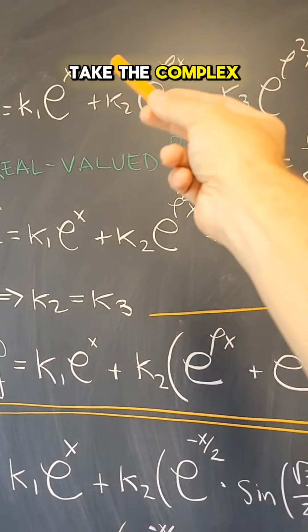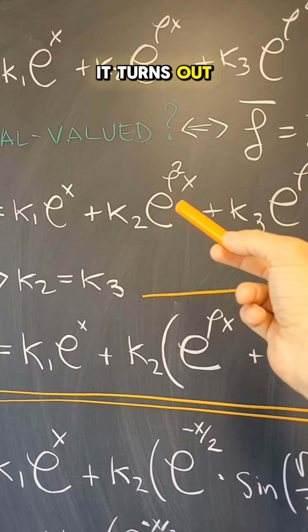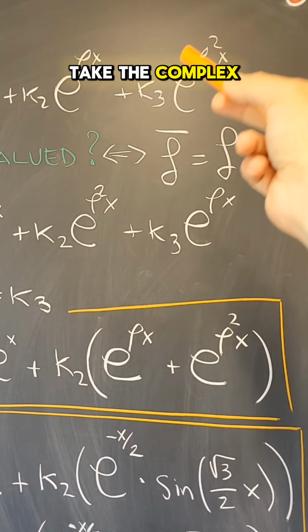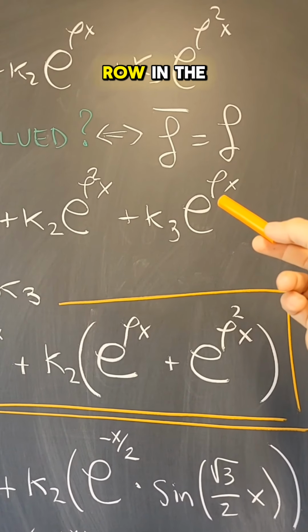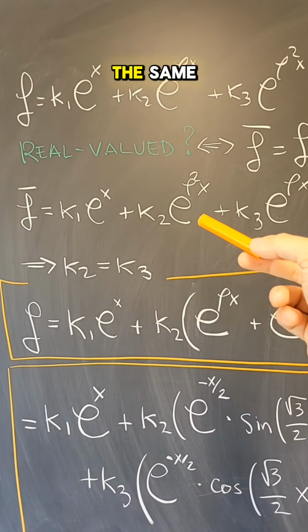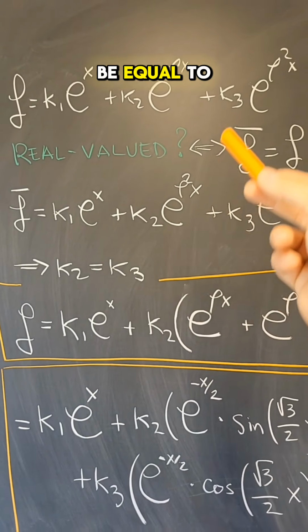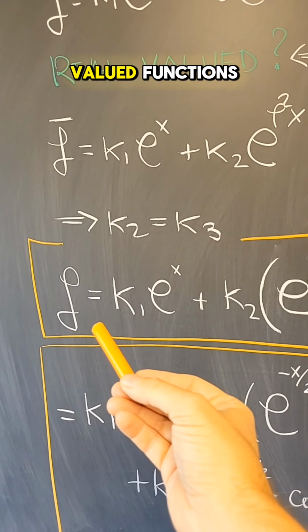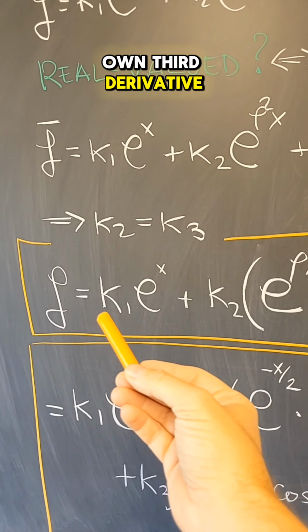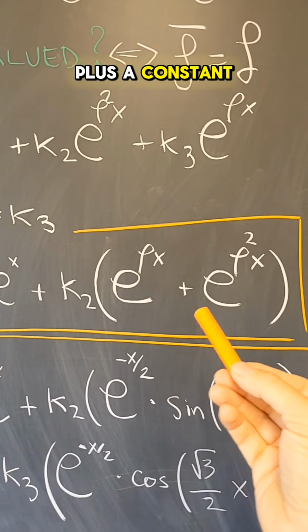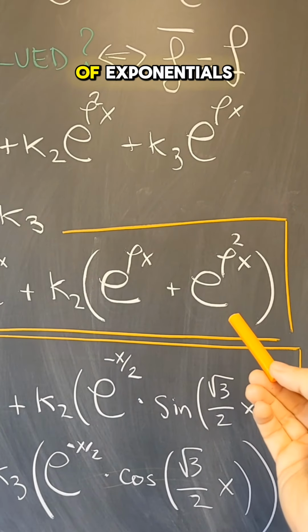But when I take the complex conjugate of this, it turns out I get the one with a rho squared. And when I take the complex conjugate of this function, I get a rho in the exponent. And therefore, if these two are the same, then k2 must be equal to k3. And what I get is that the full solution of the real valued functions that are their own third derivative is a constant times e to the x plus a constant times this sum of exponentials.